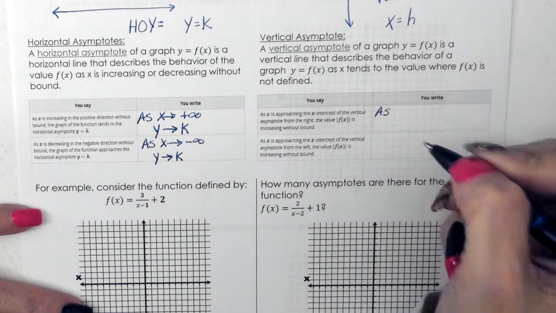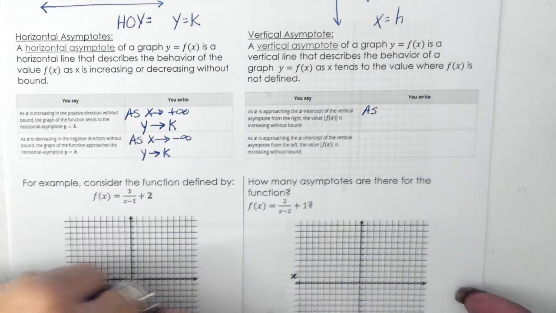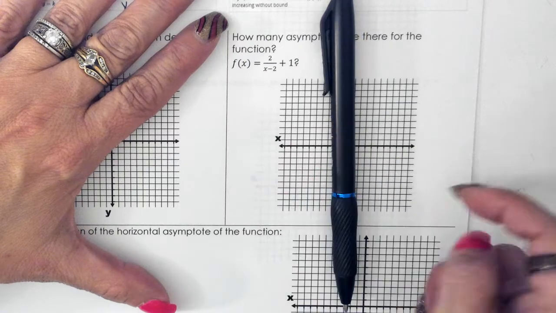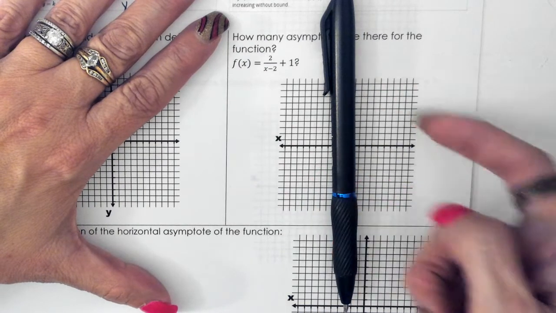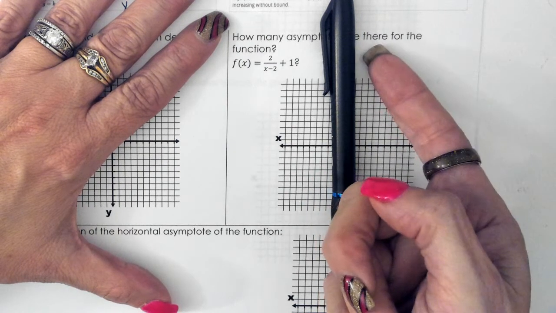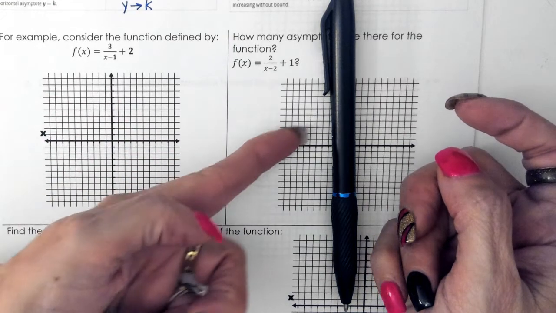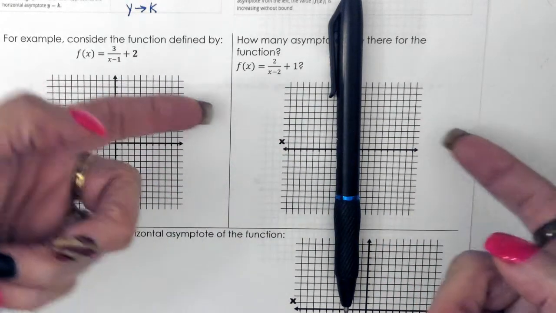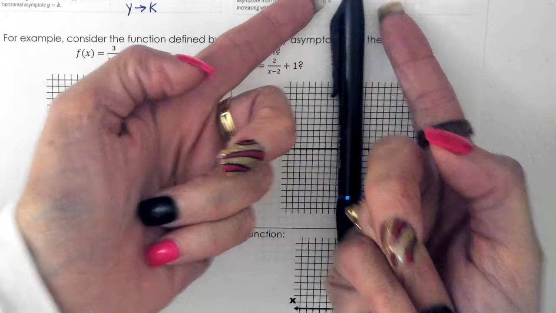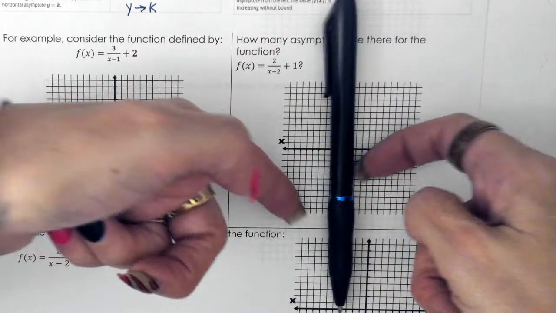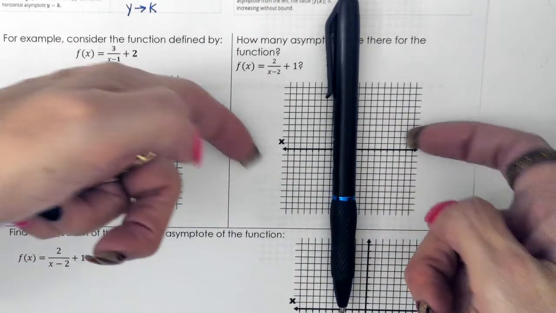When we do a vertical asymptote, we have to approach from the positive side because remember, a vertical asymptote is going to go this way. So we're going to say as we approach from the right side towards this asymptote and as we approach from the left side, what's going to happen? Well, the graphs are either going to go up or they're going to go down. What are they going to approach?